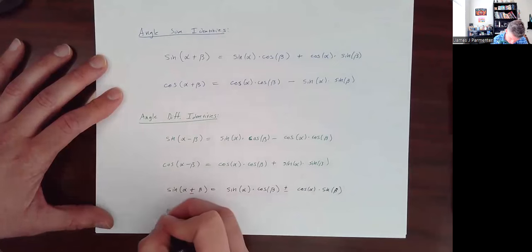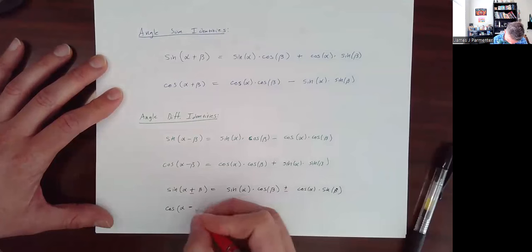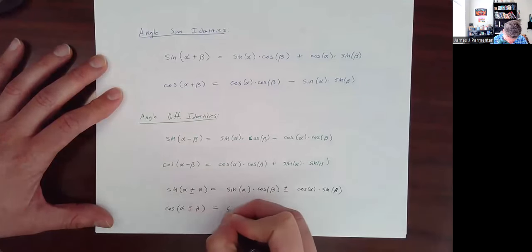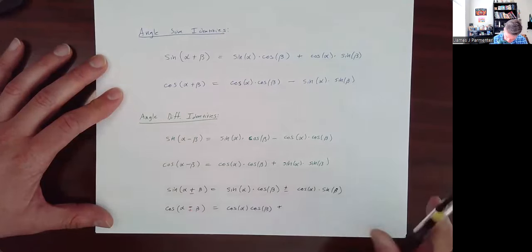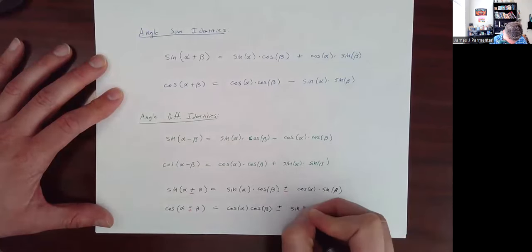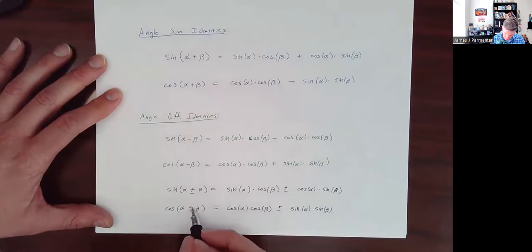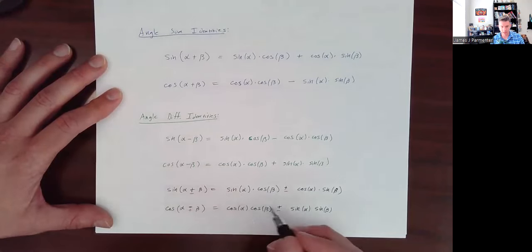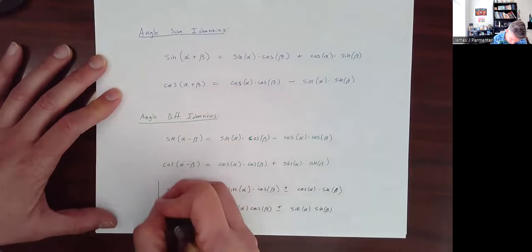On the other hand, for cosine of alpha minus or plus beta, it equals cosine of alpha times cosine of beta plus or minus sine of alpha times sine of beta. So here the sign changes. If it's a minus here, it's a plus here. If it's a plus here, it's a minus there. And I've written the formulas in what I would say is the typical way.